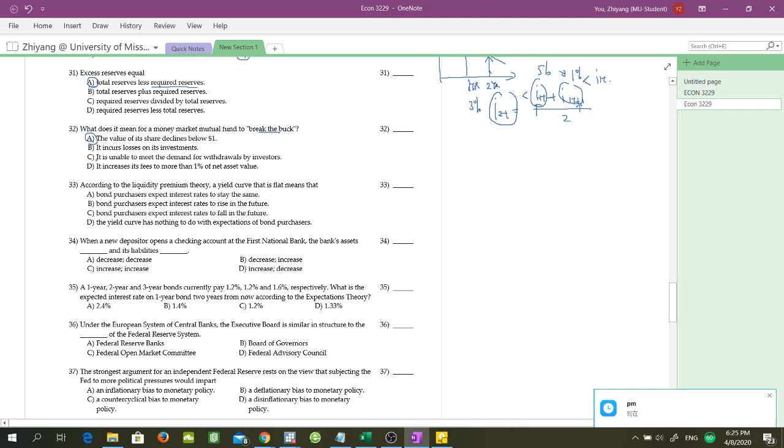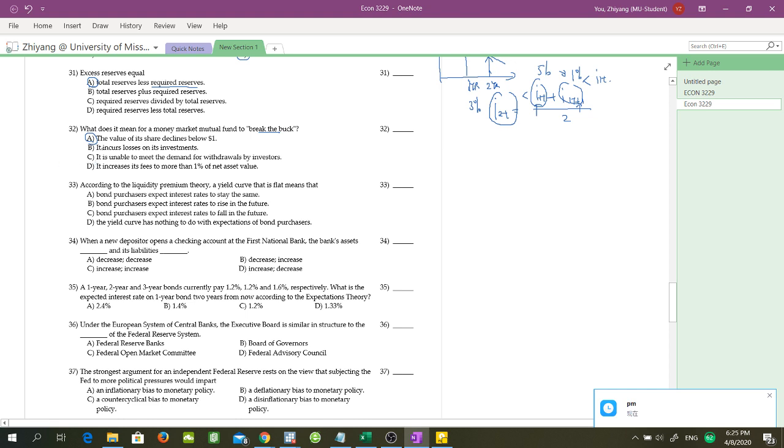Money market mutual funds are super liquid. They are considered part of M2, the broader definition of money. The profit you make by investing in a money market mutual fund is super small. You put $1 in there, next year you get 1.0000 something out of it.